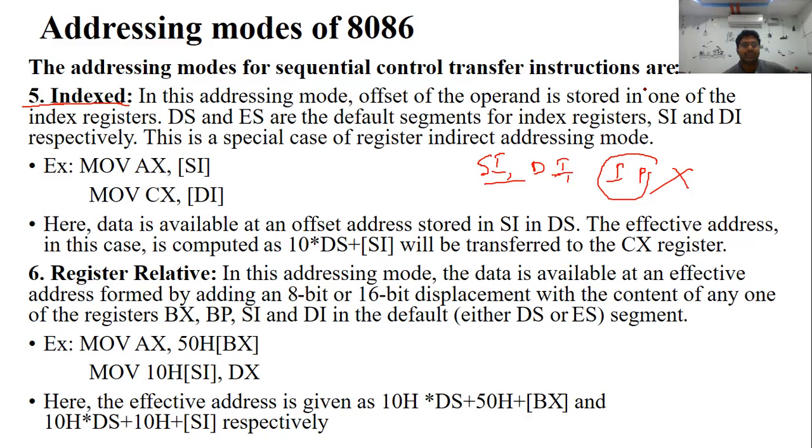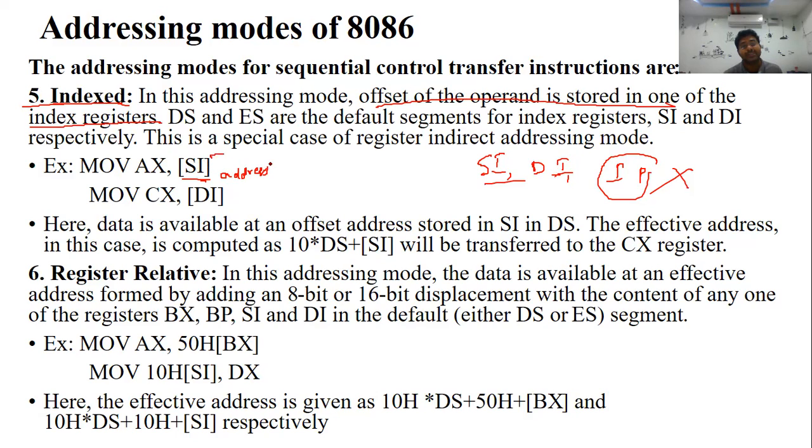In this addressing mode, the offset of the operand is stored in one of the index registers. When you represent SI in the brackets, it means the address. Why are you using the source index register and destination index register? What is the purpose of these registers?